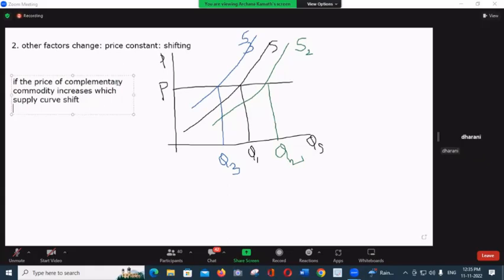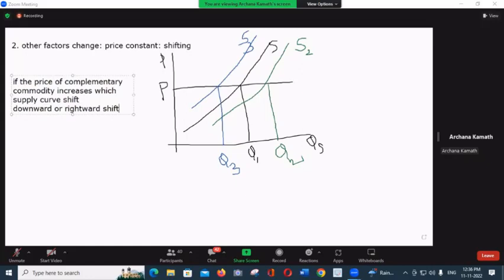Downward. No, complementary here is positively related. Okay, so rightward shift, or downward only. Here downward means rightward shift. Okay, upward here is leftward shift. Fine, what you said is right. Downward, or you can say rightward shift.